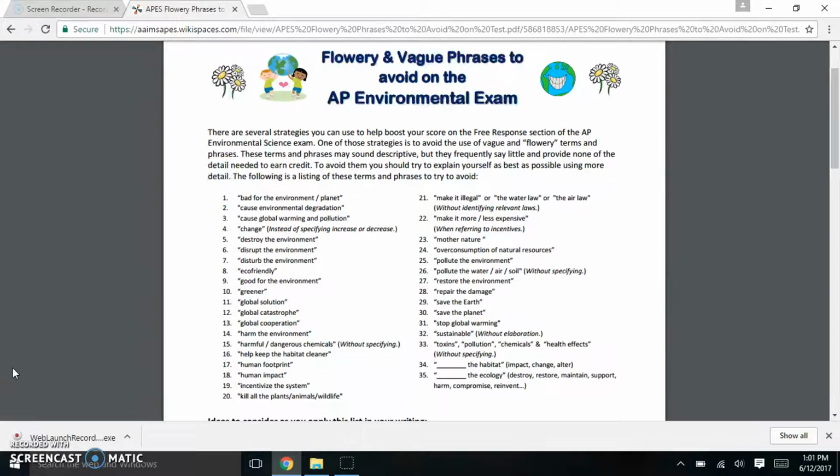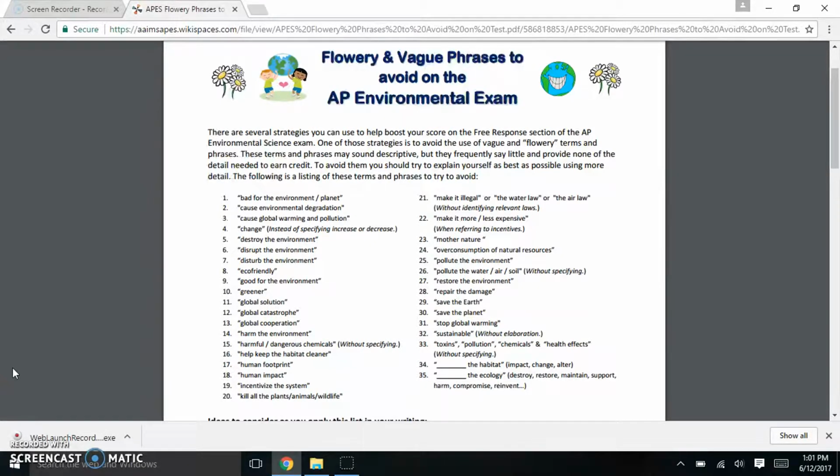Number 5, destroy the environment. When we destroy something, that means it's no longer there. So we may disrupt the environment, as number 6 says, but in what manner? Maybe we're not destroying, but we are affecting it or disrupting it.